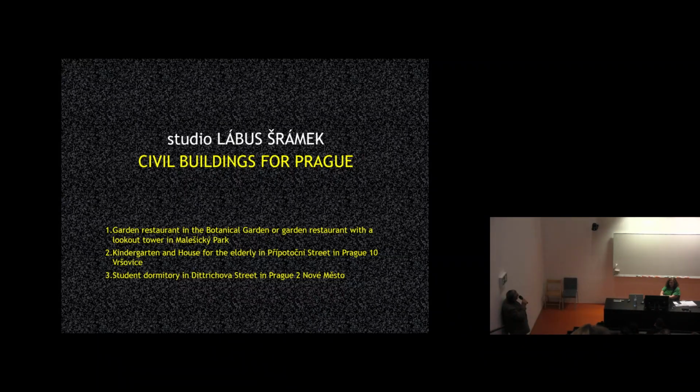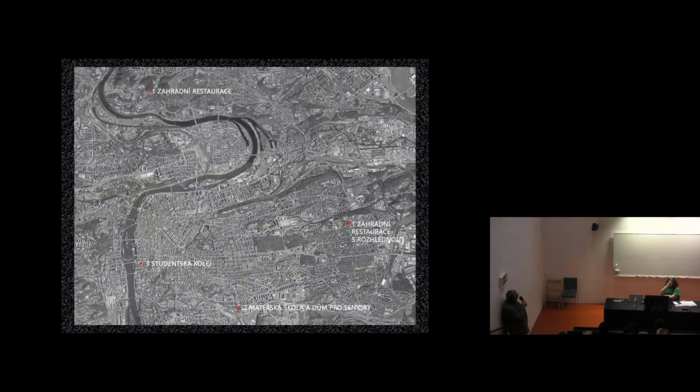The second assignment is a kindergarten and a house for elderly in Připotočín, Prague 10, and the last one is the student dormitory in a very narrow place in the Tichý, Prague 2. So here you see the locations. All sites are in Prague.